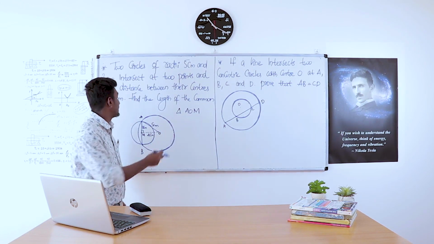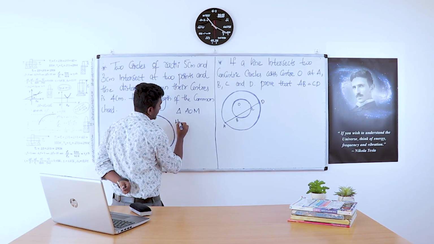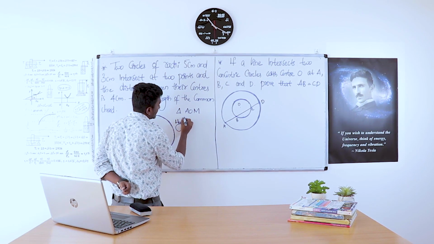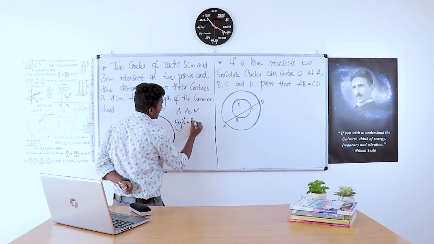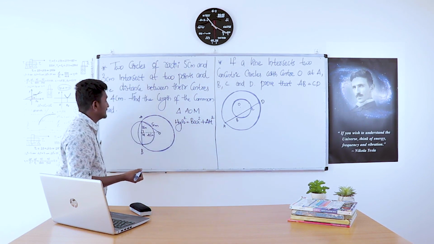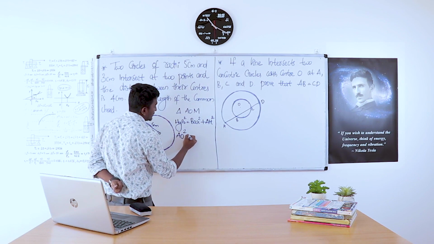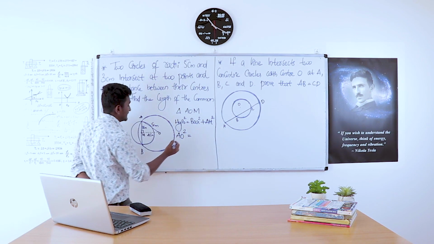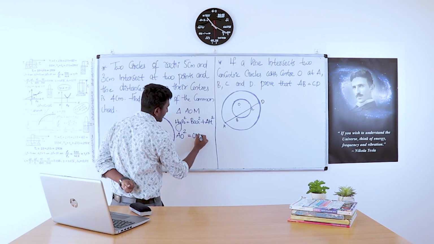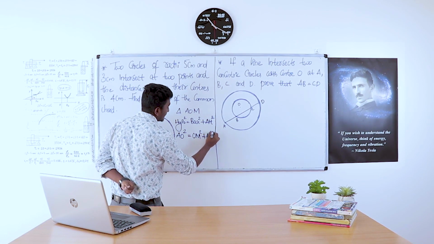So I am going to apply Pythagoras theorem in this triangle, that is, hypotenuse square is equal to base square plus altitude square. Which is the hypotenuse here? AO is the hypotenuse. Therefore, AO square is equal to OM square plus AM square.